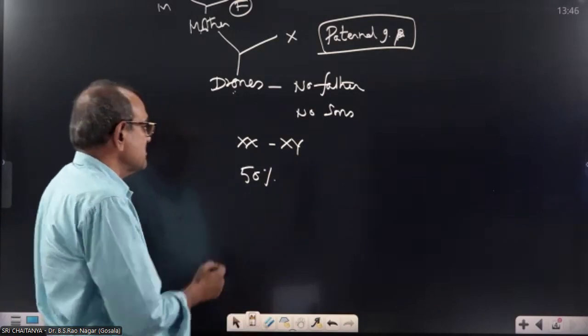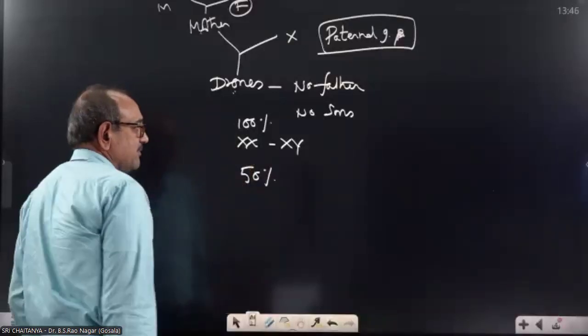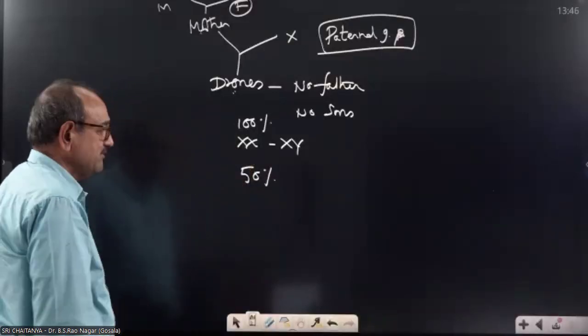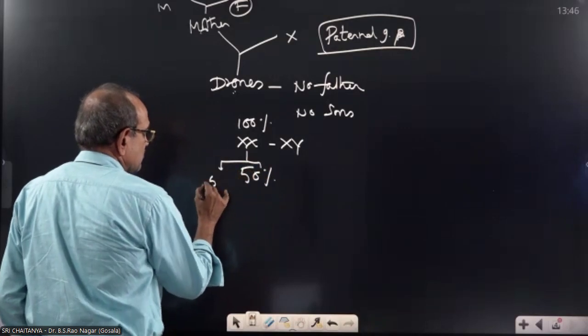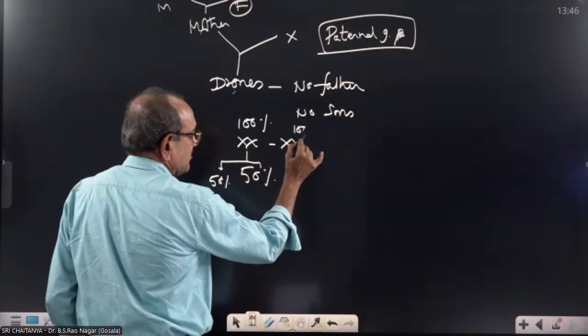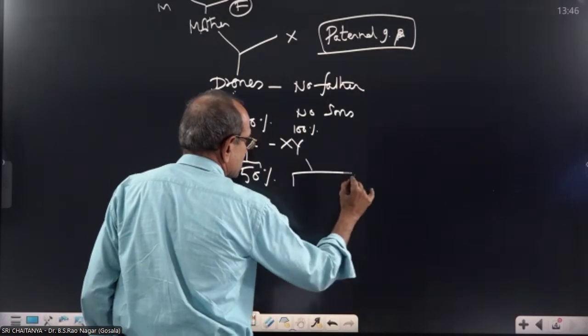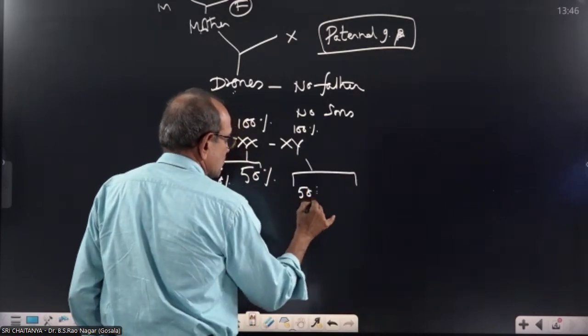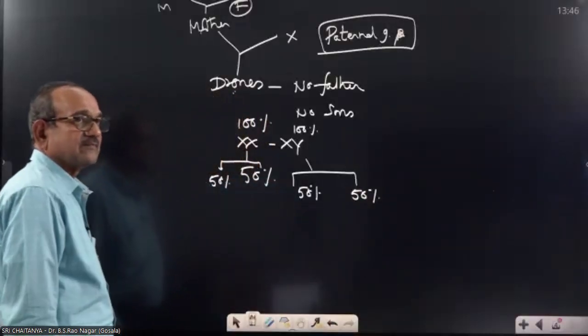Say there are 100% genes in the female mother: 50% goes to one egg, the remaining 50% goes to another egg. Similarly, the genes present in the father, say 100%, because of reduction division, 50% go to one sperm, the remaining 50% to another sperm.